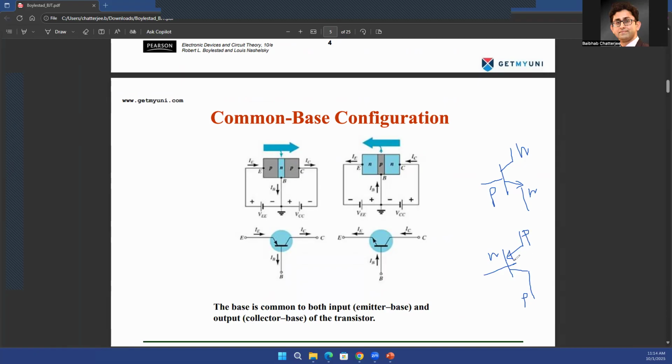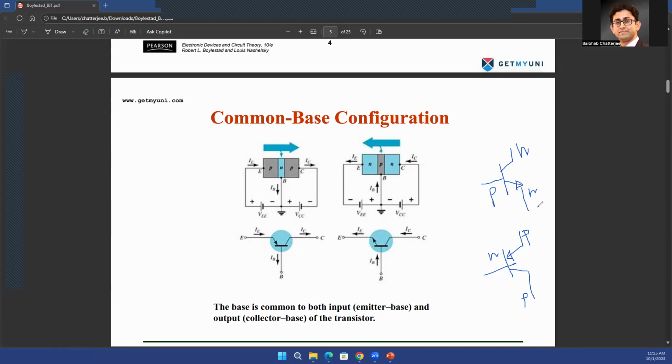Now, it is interesting to remember what the direction of the arrow would be for NPN or PNP type BJT. The arrow is always drawn on the emitter. Whether it's an NPN BJT or a PNP BJT, the arrow is always drawn on the emitter side, and the direction of the arrow points toward the flow of the current on the emitter side.